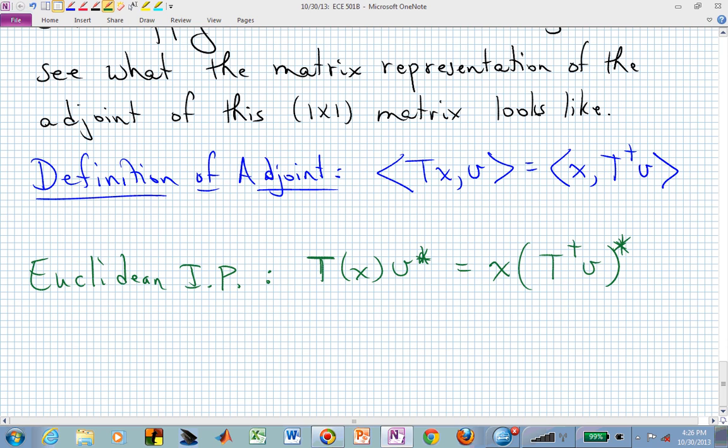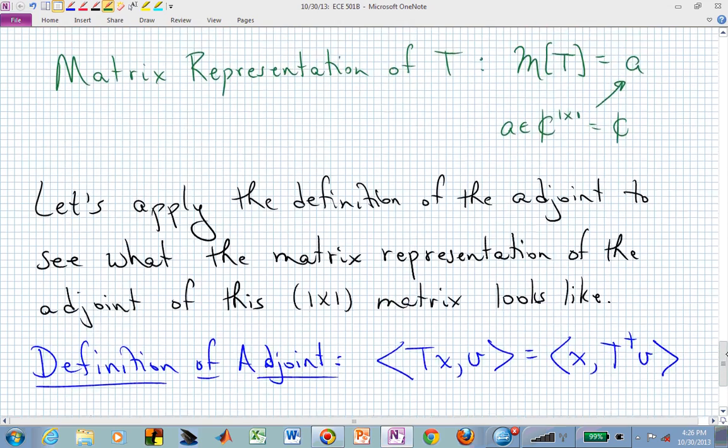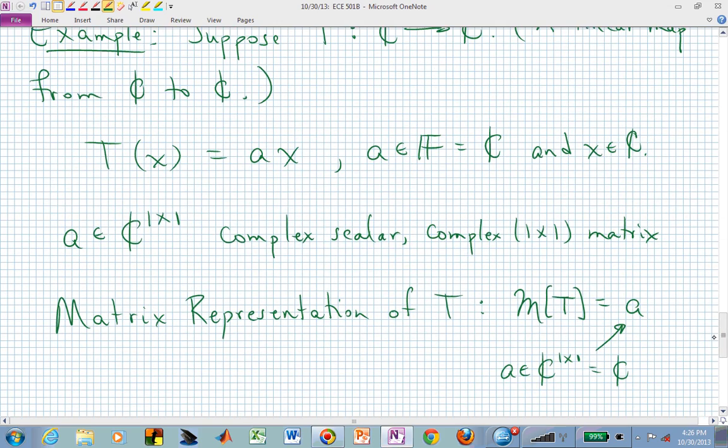We don't know what T dagger is, but we do know what Tx looks like. Didn't we define that? Tx is just Ax, like what we've been playing with before. Well, if the adjoint is a linear map, we know it has to look like maybe BV, some B, some scalar times the vector that it's applied to.